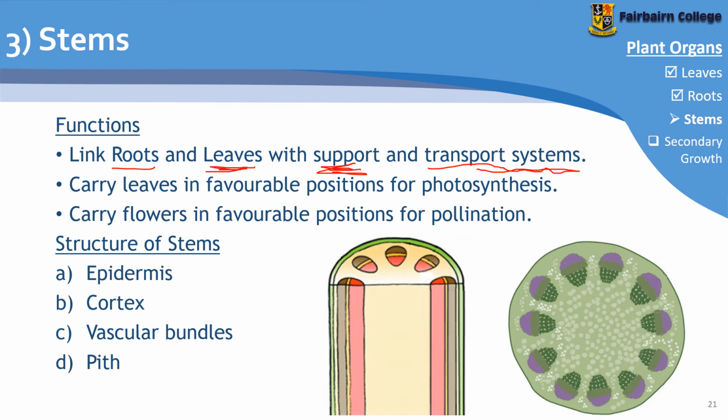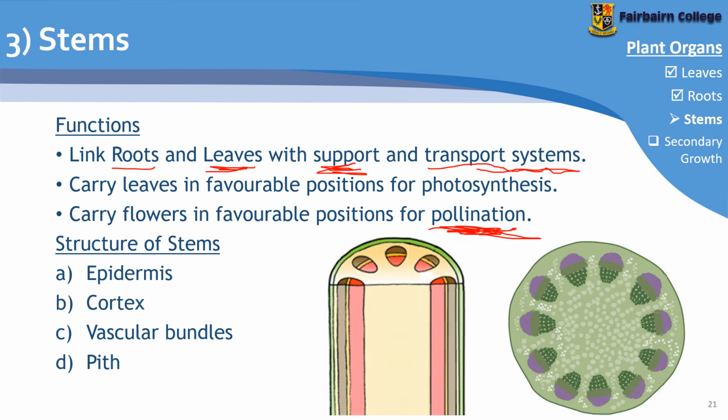Also, along the stem you will find flowers, the organs responsible for helping plants reproduce and spread through pollination. We're going to look next year at how pollination takes place, but having flowers in favorable positions for pollination is obviously good for the plants so that they can spread.